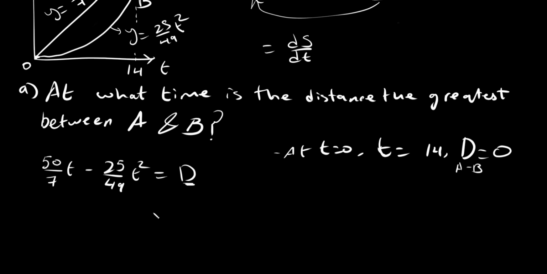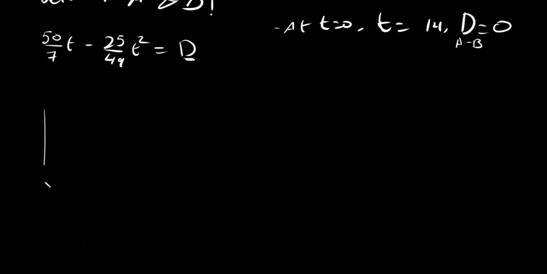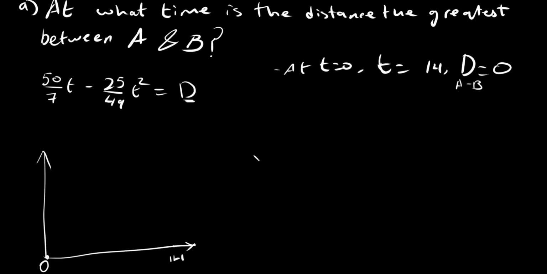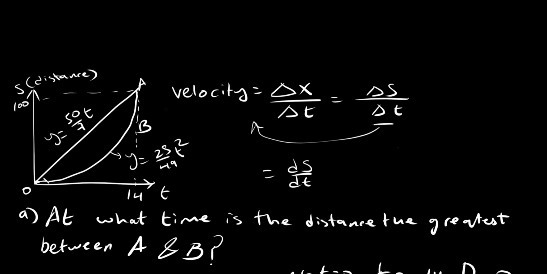So if I put my graph right here, this is 0 and this is 14. And if I look at this, at the beginning my distance is increasing between A and B. But then at what point does it start to decrease?